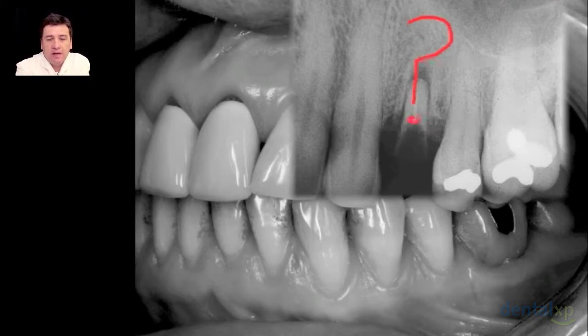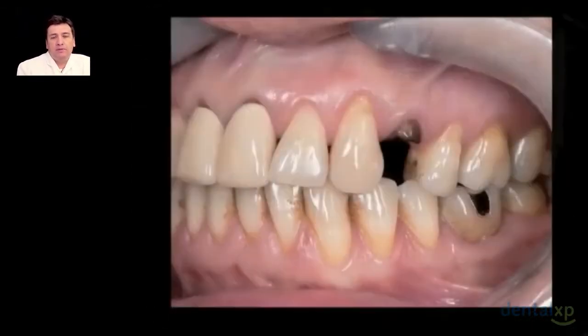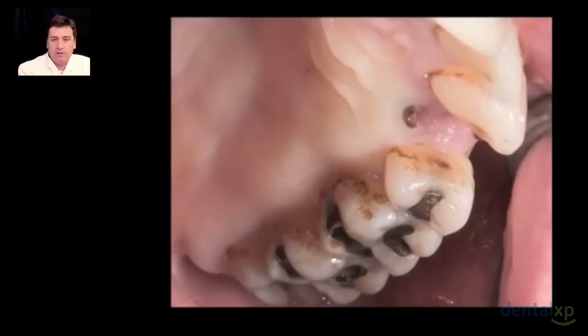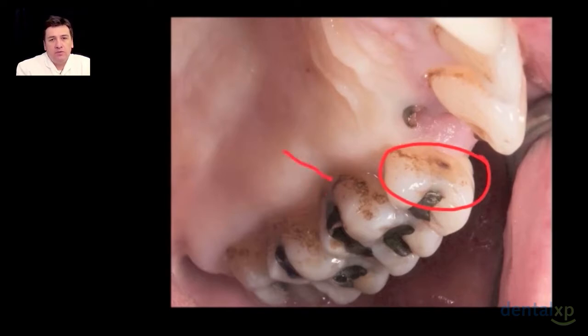The question is, as I told you before, how we place it, how we face this case. Well, the way that we do this particular case is that we will do the extraction first, and then after 1 or 2 months, we will do the implant placement. This patient we treated with chlorhexidine first and also with antibiotics.